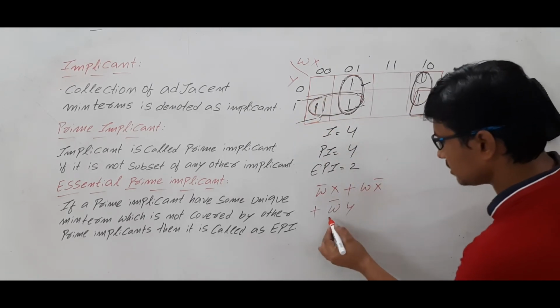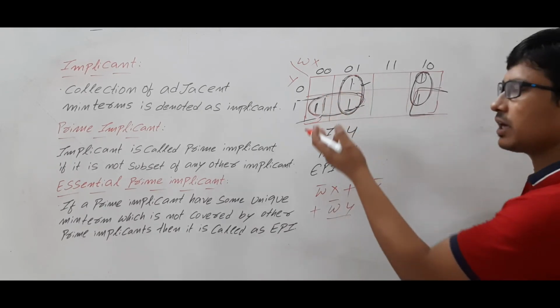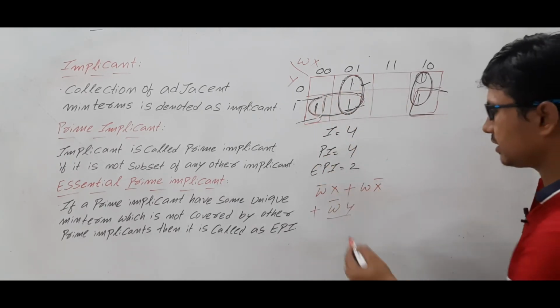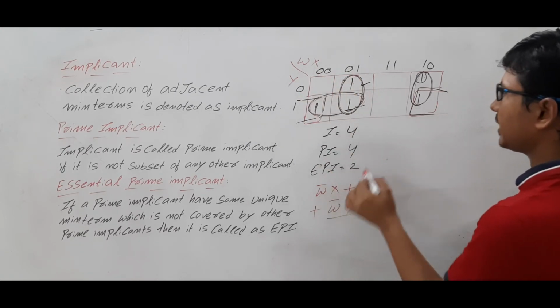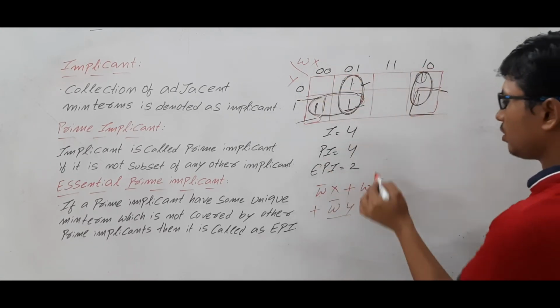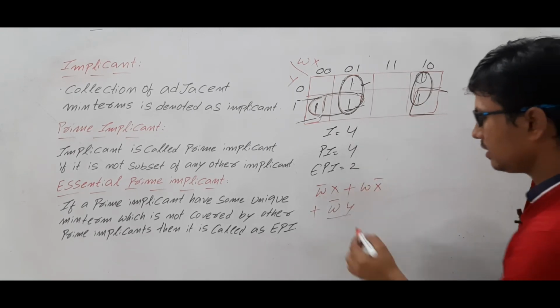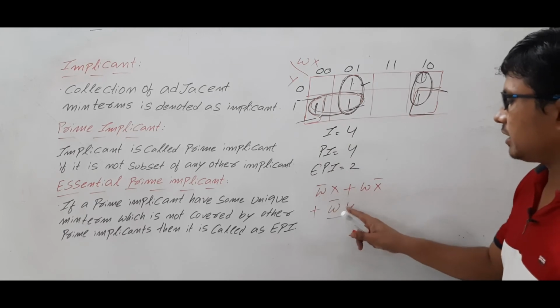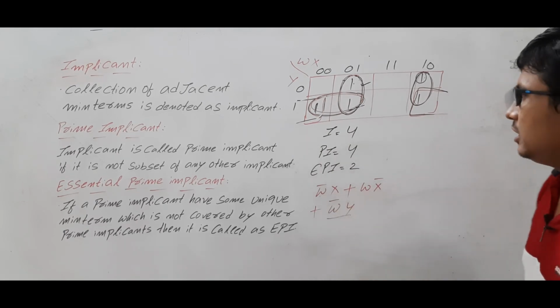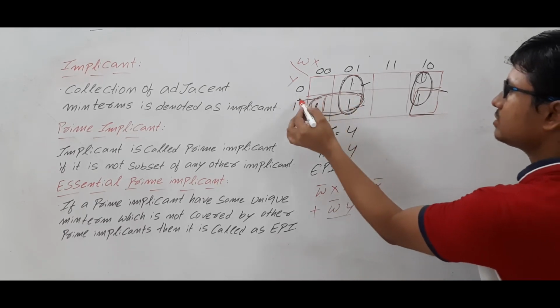If I take this one, then you should not take the other one. Or let me define it. These two are compulsory. Am I right or wrong? W complement X or W X complement. Then if I consider this one and this one, I am getting W complement Y. Instead of that one, I am taking this one.